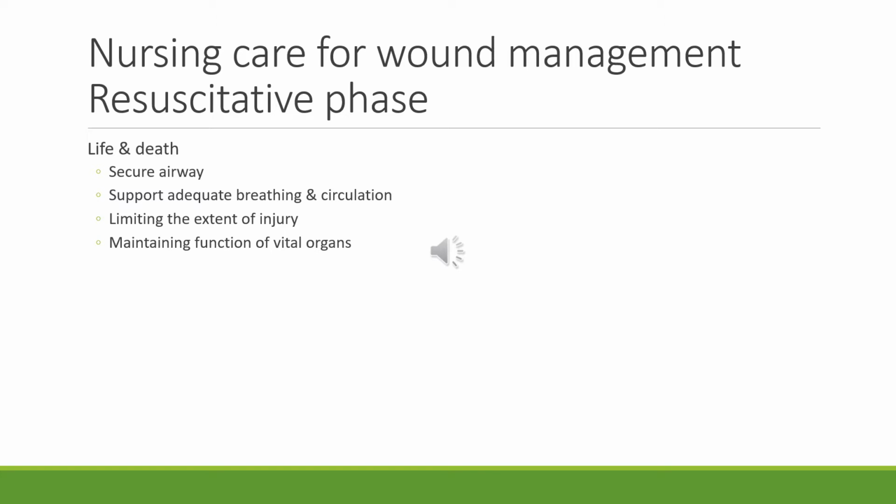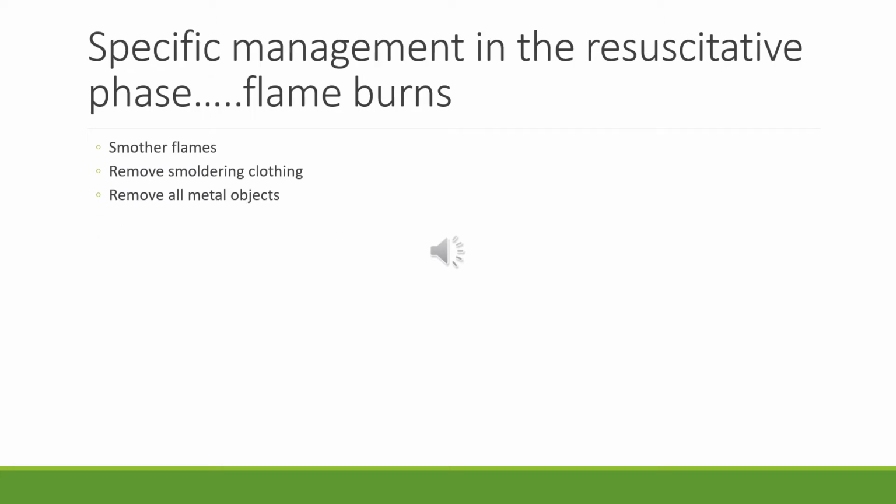And then lastly, maintaining functions of the vital organs, because you see from our first presentation that the more surface area that is burned, the deeper that the burns are, we do have problems that can occur not only with the skin itself, but with the lungs and the kidneys and the heart and so forth.